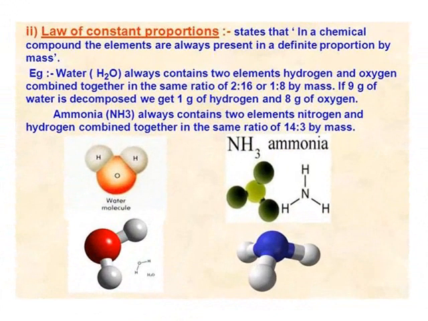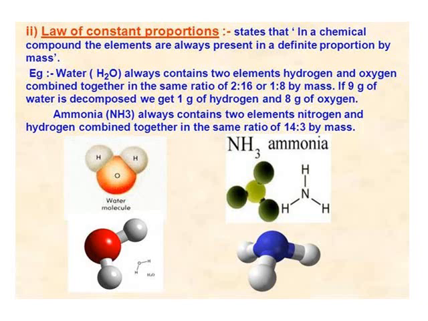Now let us see the law of constant proportion in detail. The law of constant proportion states that in a chemical compound, the elements are always present in a definite proportion by mass. So it gives a vague statement and you will be able to understand only when we see the examples.